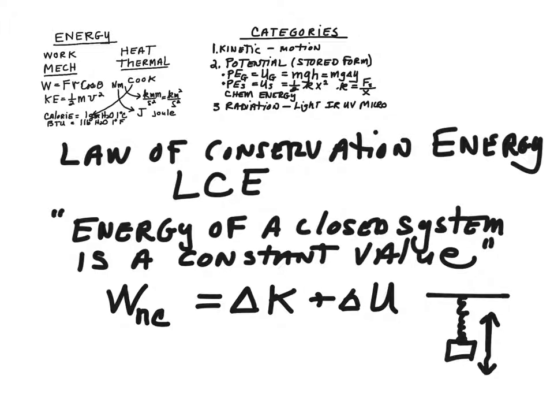In the short run, it's a closed system. I mean, it is going to lose energy to air resistance and heating the spring and some other forms of outside work, but for the most part, this thing will oscillate back and forth for a very long time, where at the top it has a lot of gravitational potential, at the bottom it has a lot of spring potential, and in the middle it has kinetic.